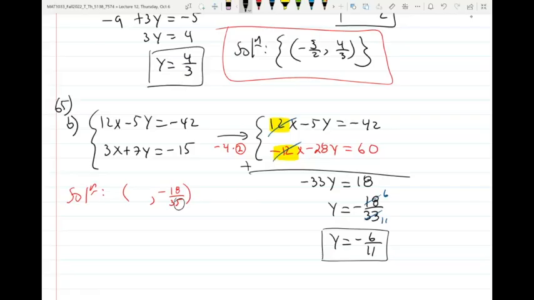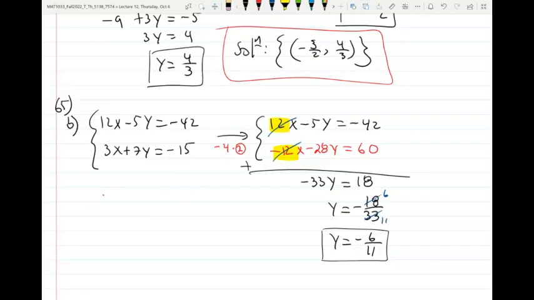I see exactly where I messed up. So we have our y. Now that we have y, what do we do? We plug it into one of the equations to solve for x. Notice that none of the coefficients of y are multiples of 11, so we're not going to be able to get away from the fraction. It's not going to cancel nicely as before. That's fine. Which one should you plug in?